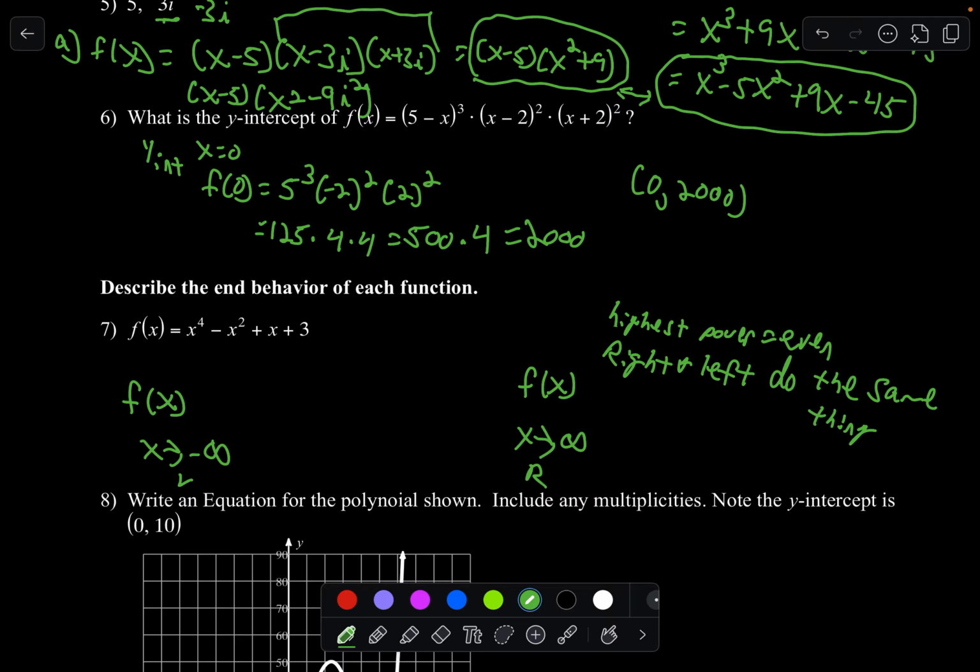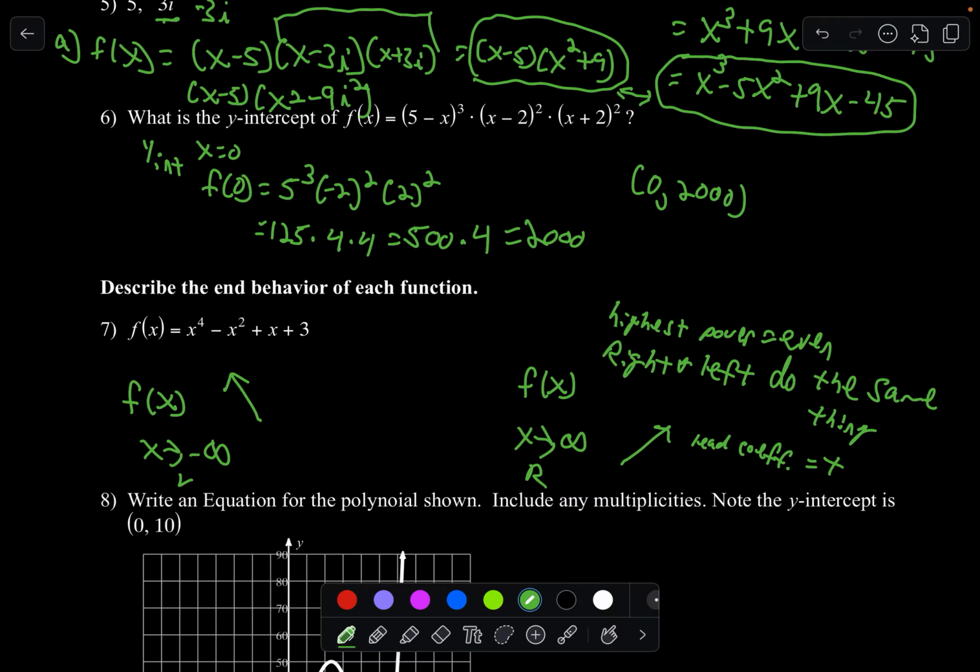So it goes up to the right. That's because the leading coefficient, the number in front of the highest power, is positive, because it's just x to the 4th. And now we know going to the left, it also goes up, okay? Because it does the same thing, because it's an even power.